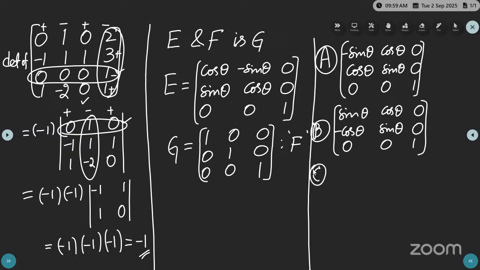Option C: cos theta, sin theta, 0, minus sin theta, cos theta, 0, 0, 0, 1.